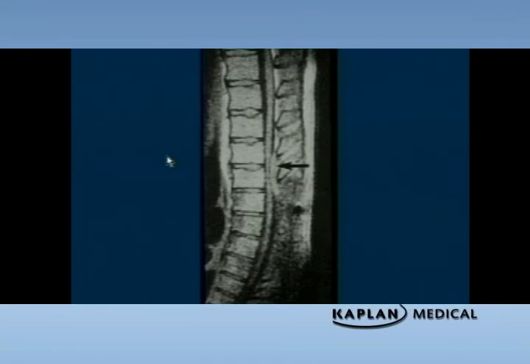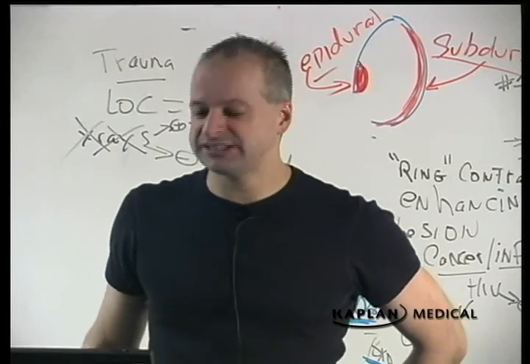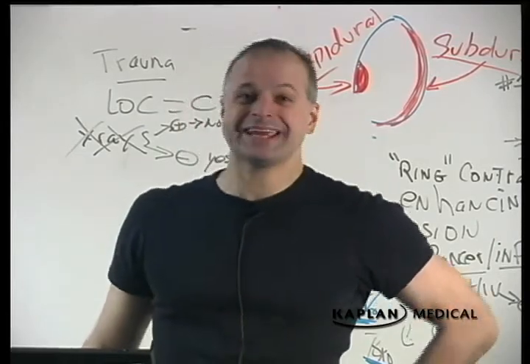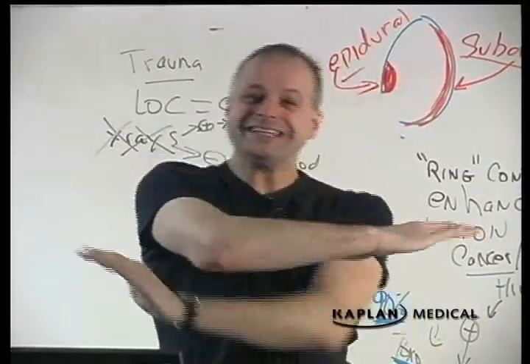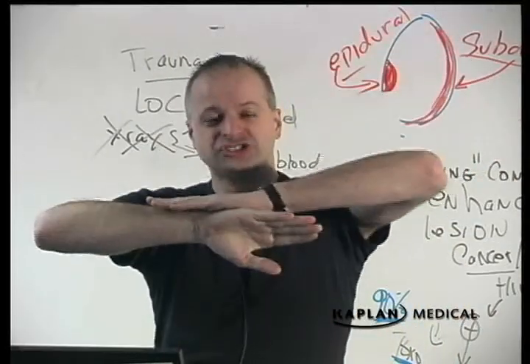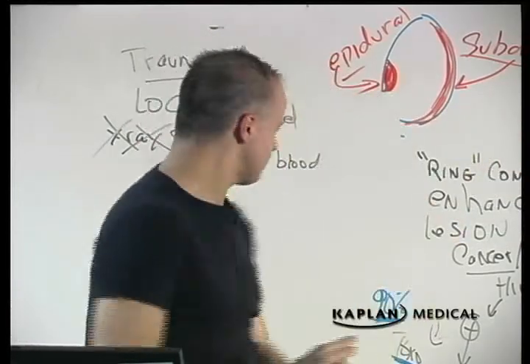CT myelography, putting a needle in and putting in contrast, is a dead test. Anybody who used to get a CAT scan with a myelogram, putting contrast into the cerebrospinal fluid and hanging them upside down by their ankles to see if the contrast gets blocked, that is a dead test. Don't do it anymore.